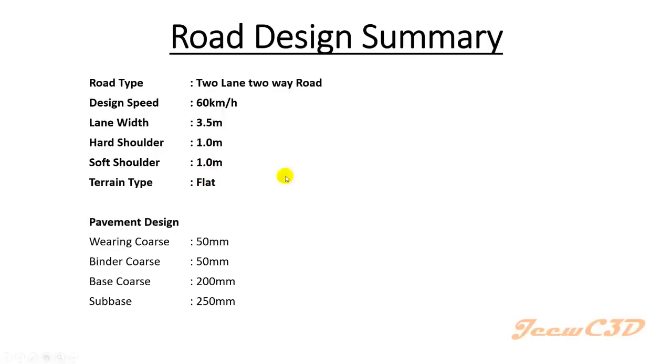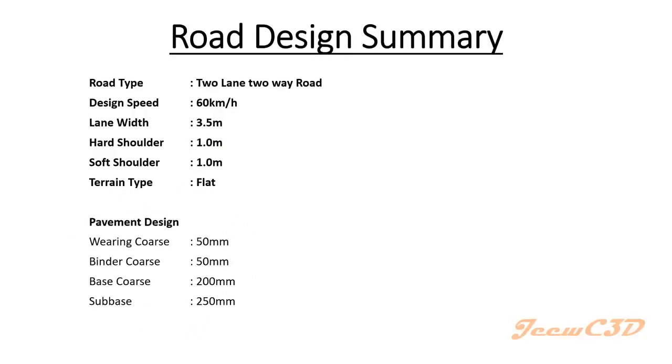And I assume that you have to do this like a local RDA road, a two-lane, two-way road. So you have to use RDA design guidelines. You have to follow RDA design guidelines to create this road. So when creating the road, you are given a pavement design thickness.